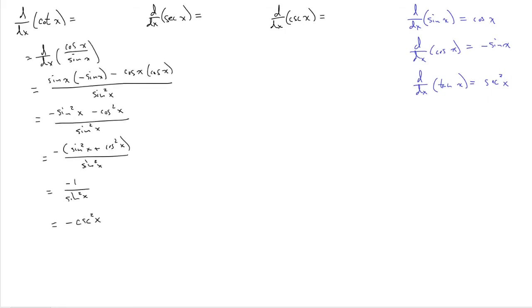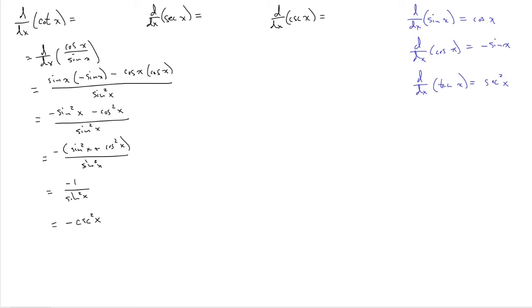Here's the derivative of the cotangent. I'll walk you through it quickly. The cotangent of x is the cosine of x over the sine of x. Applying the quotient rule, ho d high minus high d ho over ho ho gives us this next line there. And then we've got negative sine squared x minus cosine squared x over sine squared x. Well, if you factor a negative 1 out of the numerator, that gives us negative sine squared x plus cosine squared x.